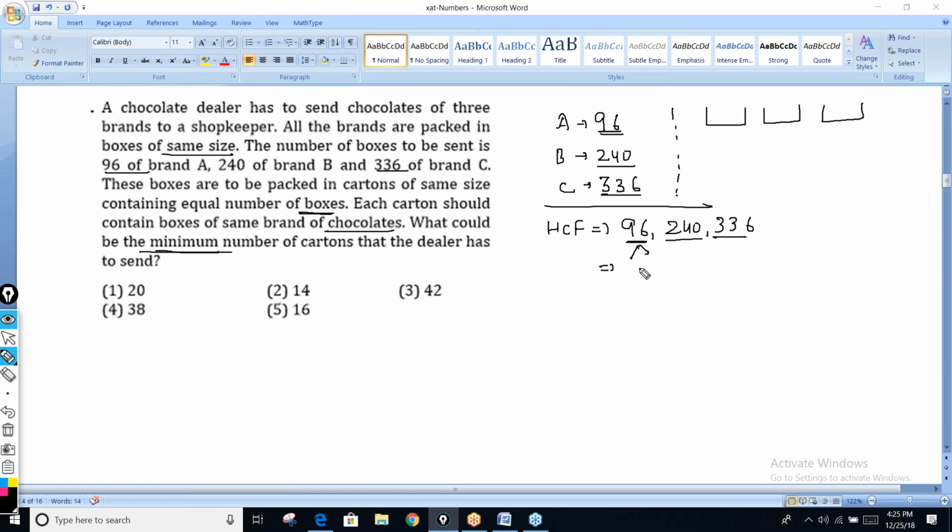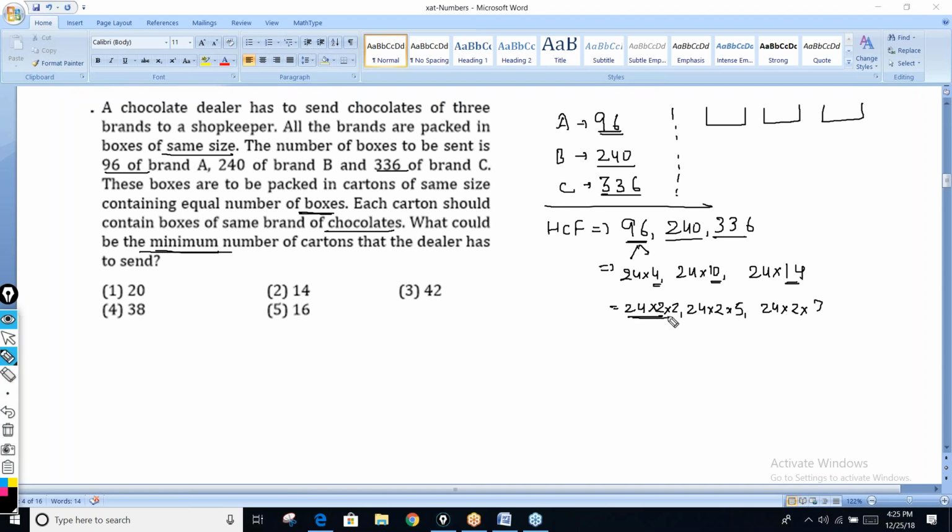If I factorize, that is 24 into 4, 24 into 10, and 24 into 14. Can I take something more common? Yes, I can. So can I say 24 into 2 into 2, 24 into 2 into 5, and 24 into 2 into 7?